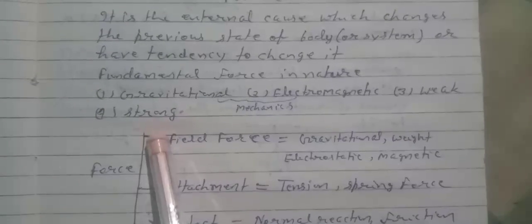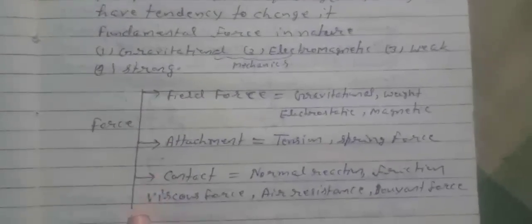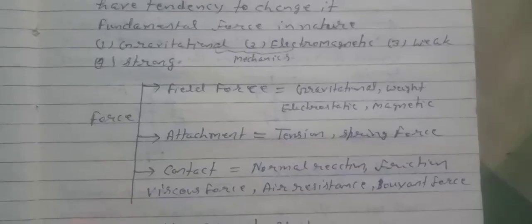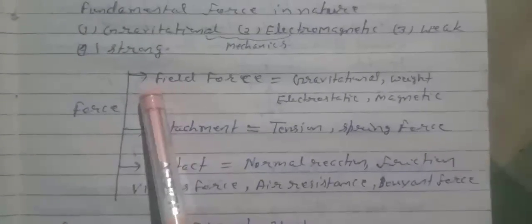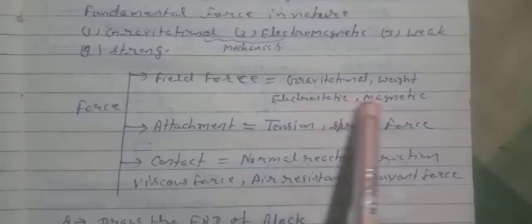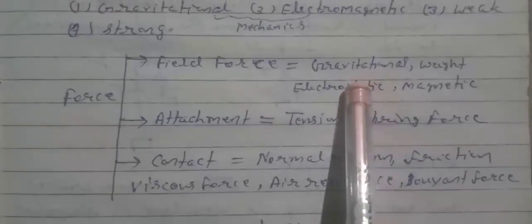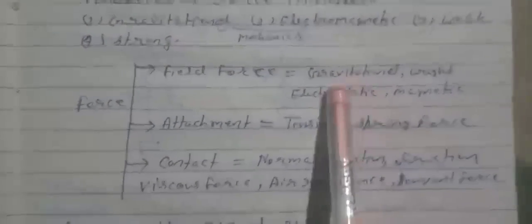Now force can be divided into 3 parts according to their property. The first one is field force, because gravitational, weight, electrostatic and magnetic forces are field forces, as these forces act without coming in contact.